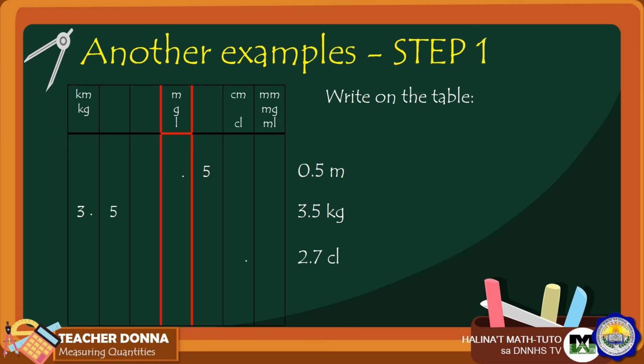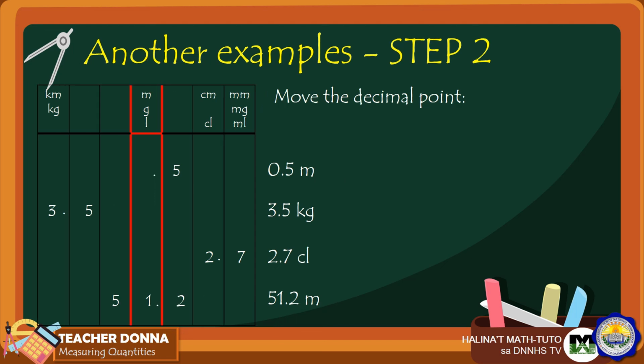So, ilalagay natin ang decimal point and 2 under centiliter, and then sa kanan yung 7. And then 51.2 meters. So, ilalagay natin under meter is the decimal point and then 1. Sa kaliwa, 5. Sa kanan, 2.